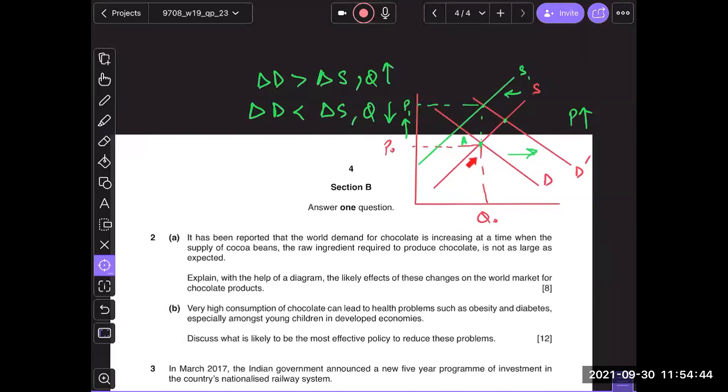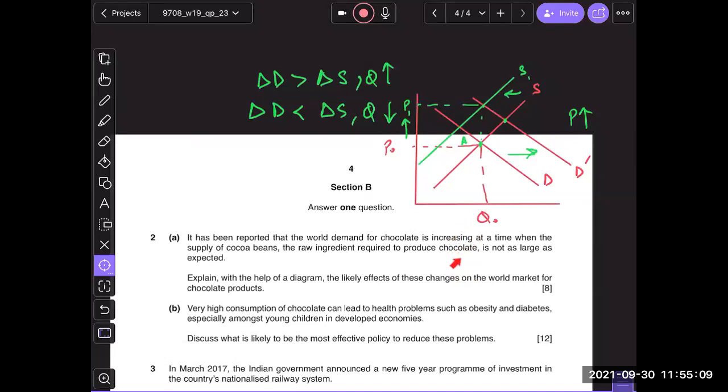But the price will definitely go up. Once we talk about the price changes, they said world market. So both quantity and price, Sumit. Make sense? And so they are asking us about the world market for cocoa, the world market for chocolate.